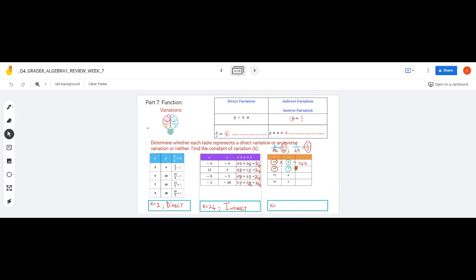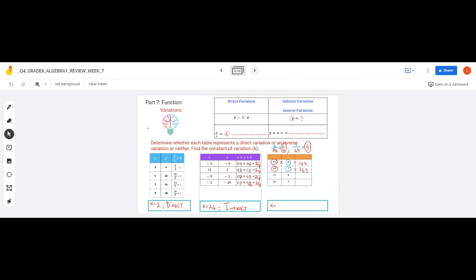If I multiply 49 times 7, I get 343. So immediately you can see not the same numbers. So you just need to check two numbers for direct variation, two numbers for indirect variation, and if you don't get the same answer, it's neither.